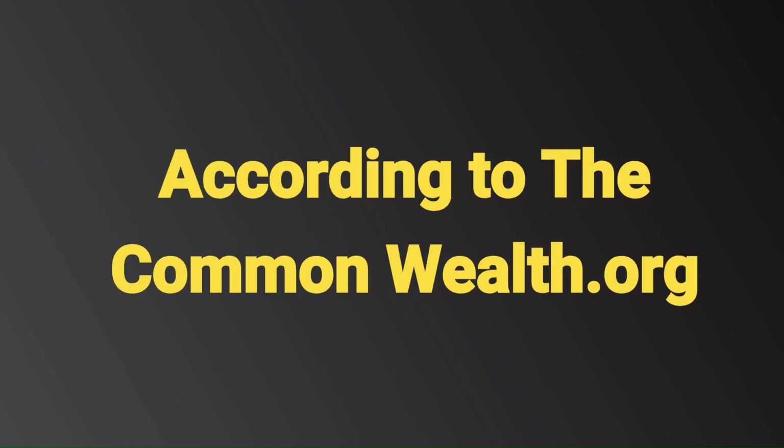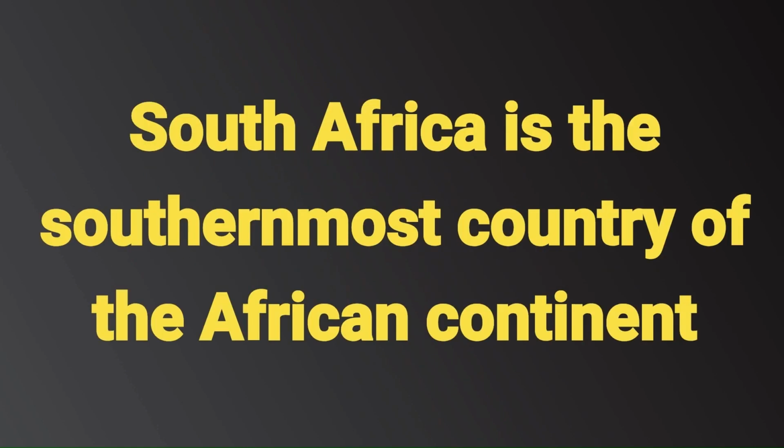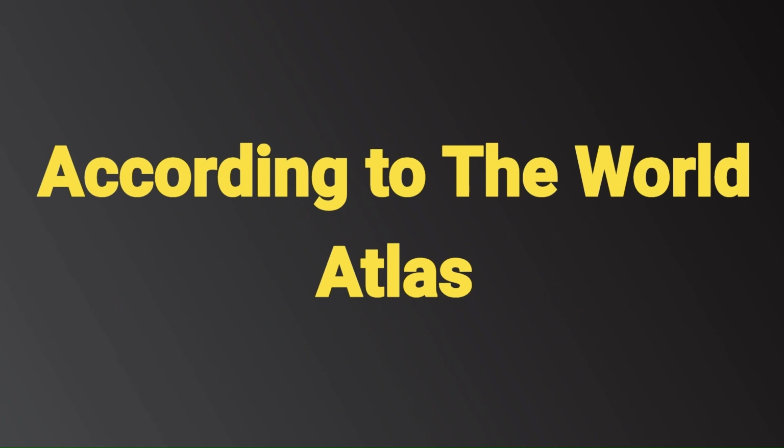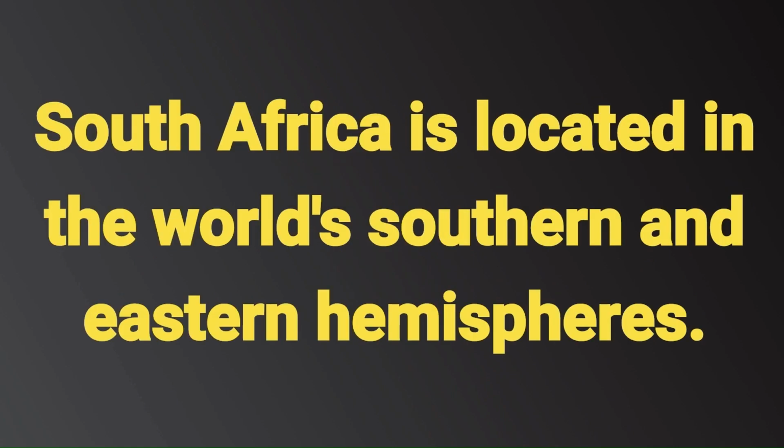According to the Commonwealth.org, South Africa is the southernmost country of the African continent. According to the World Atlas, South Africa is located in the world's southern and eastern hemispheres.